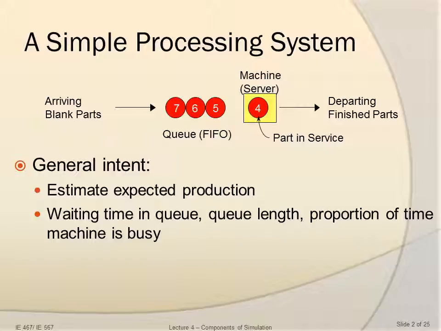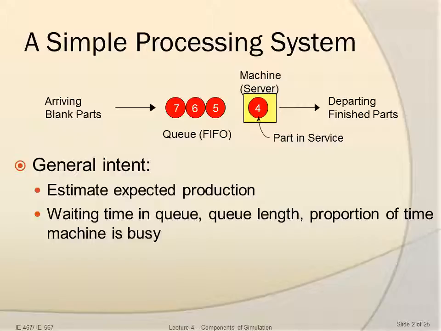Let's take a look at a simple processing system. Here we have some blank parts arriving in the queue, and it's a first in, first out queue. So you can see here parts 7, 6, and 5 already in the queue, and part 4 is being processed by a machine.